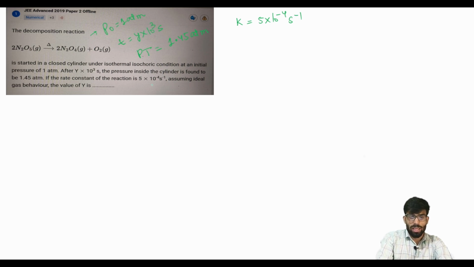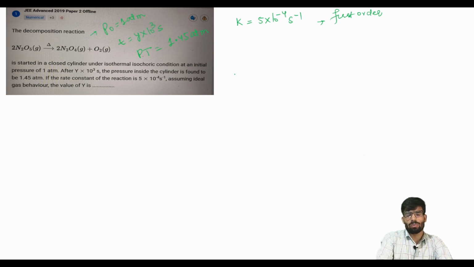Looking at the rate constant, the unit is second inverse. That means it's a first order reaction. We can conclude from the rate constant unit that this reaction is first order, which we will keep in mind. But the reactant species here has stoichiometric coefficient 2.